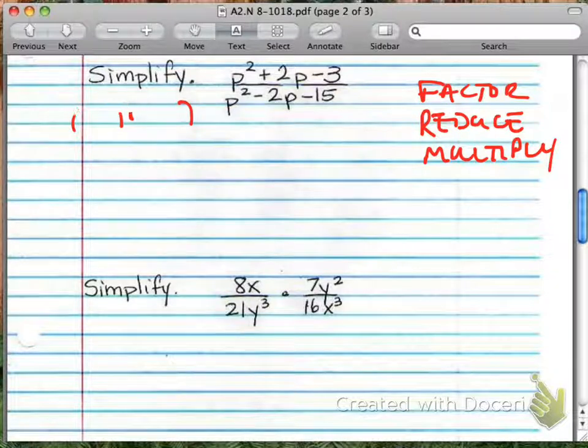Okay, so we have to find values that equal -3 and add to +2, which are what? Okay, so 3 and -1. So then you have p plus 3, excuse me, times p minus 1. Whew.